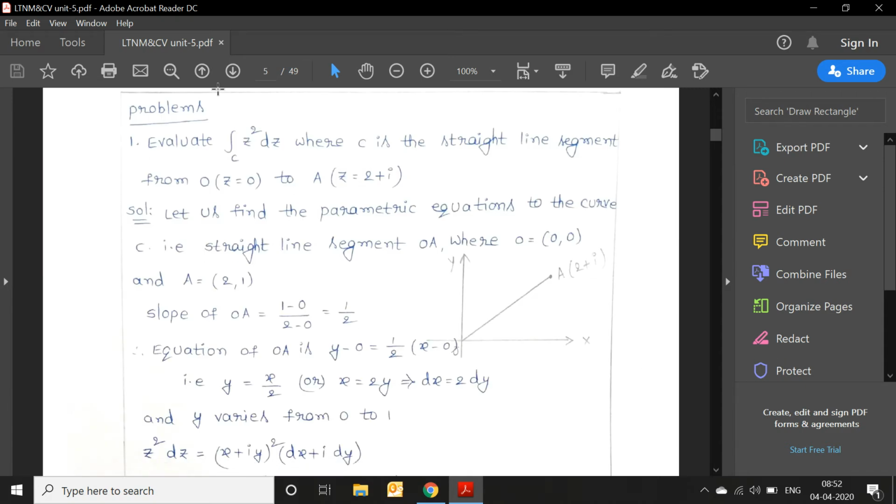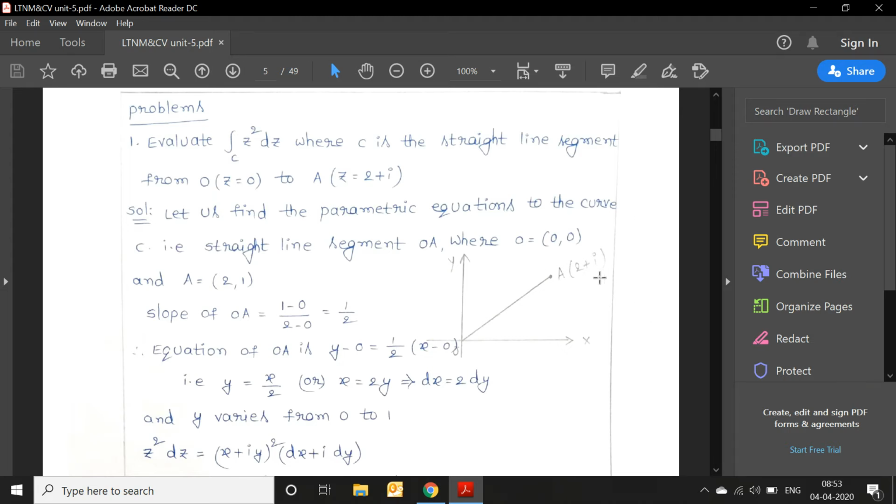The first example is: evaluate integral c z square dz, where c is the straight line segment from z equal to 0 to z equal to 2 plus i. The solution: let us find the parametric equation of the curve c, that is, the straight line segment OA, where O is equal to (0, 0) and A is equal to (2, 1).